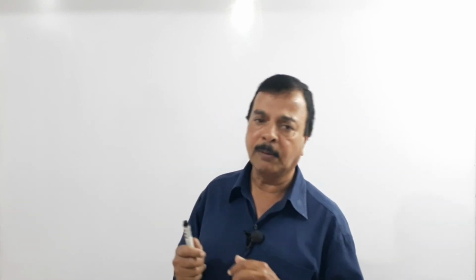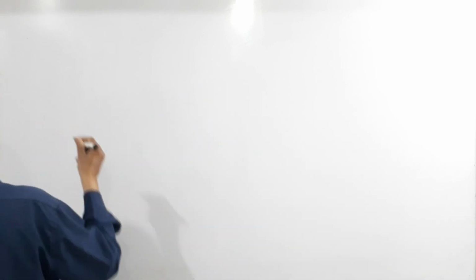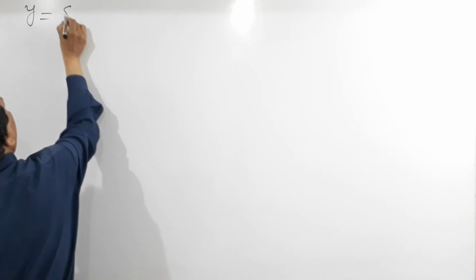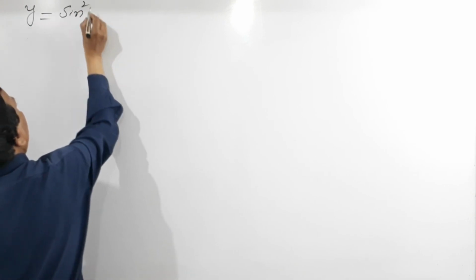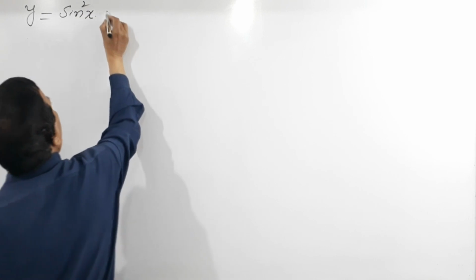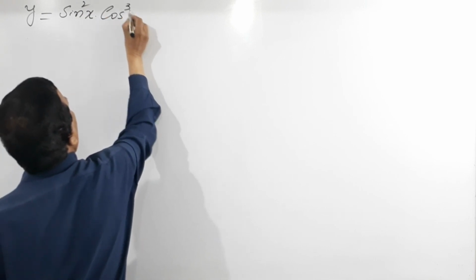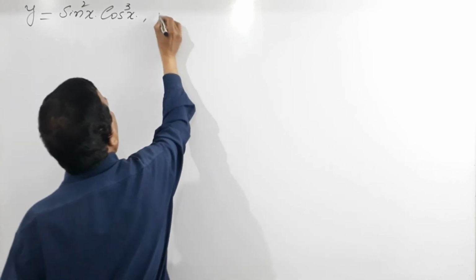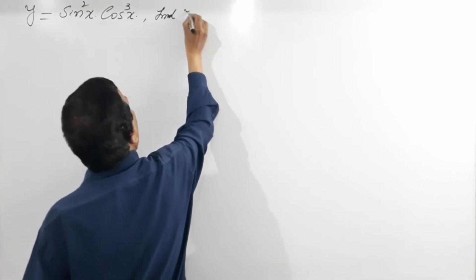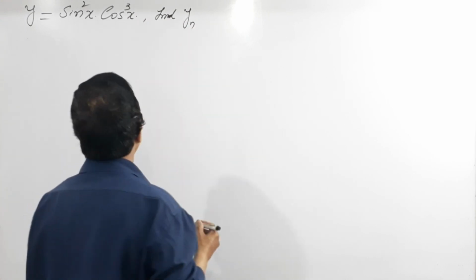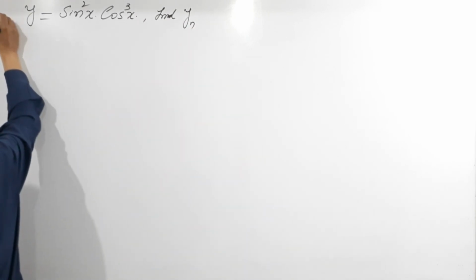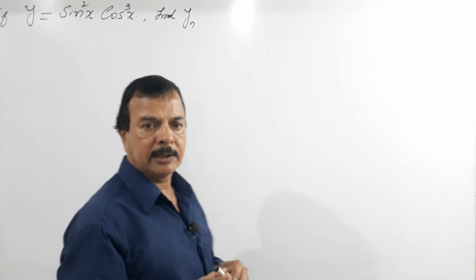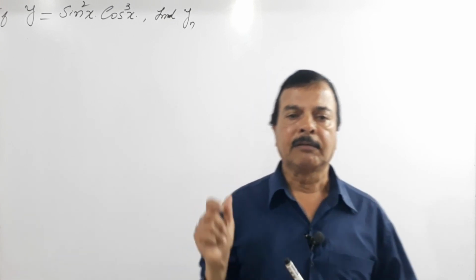So now we'll take up a problem: y equals sine square x into cos cube x. Find yn. I'll write: if y equals sine square x into cos cube x, find yn.